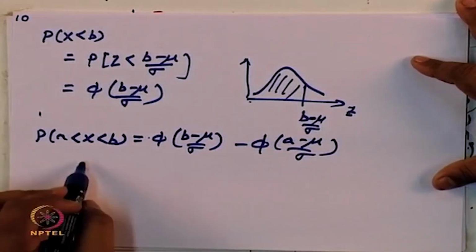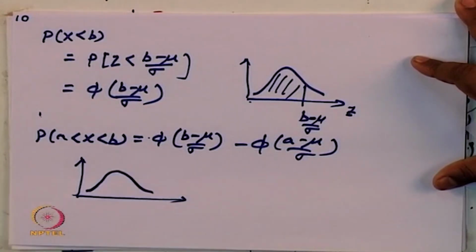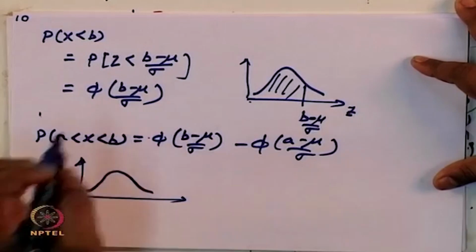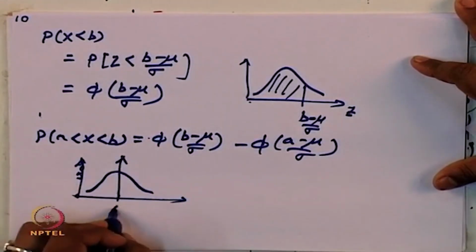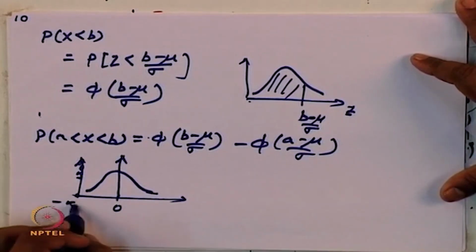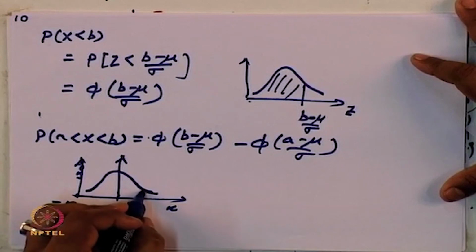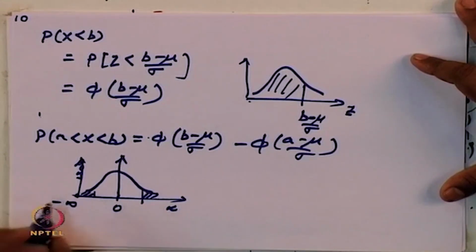One more thing: because of symmetry, if this is your distribution, this is for the entire x. For phi, the mean is always equal to 0, so you have minus infinity to infinity. For any value x, this area will also be equal to this area.